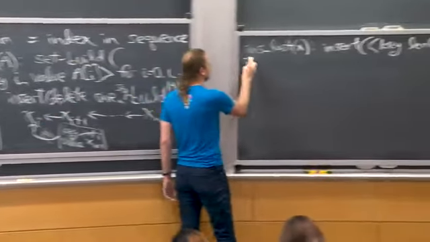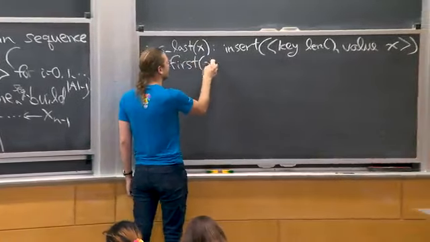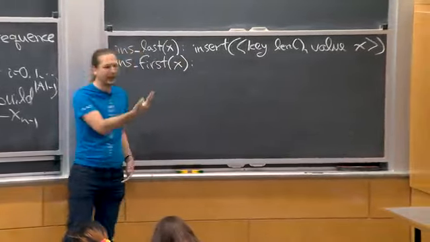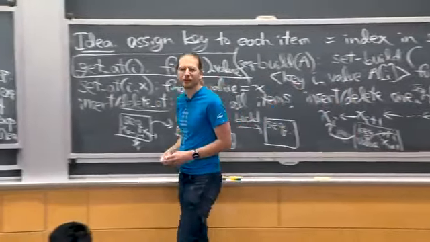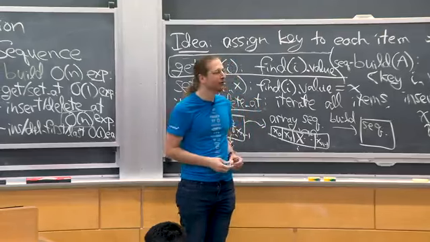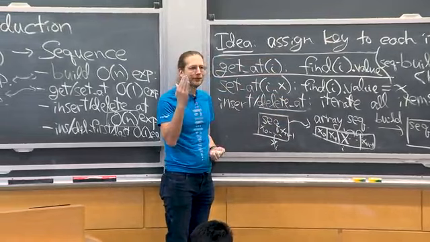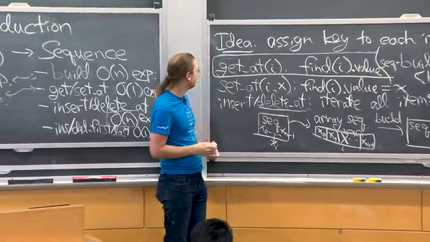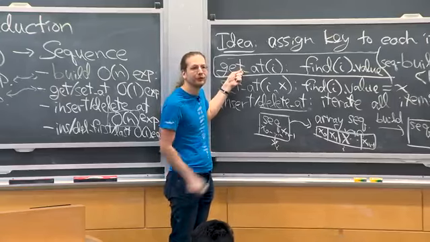OK, what about first? This is supposed to add x to the beginning of my sequence. Well, now I realize I have a problem because I want this new item to have key 0, because after I do an insert first, get at of 0 should return this item.